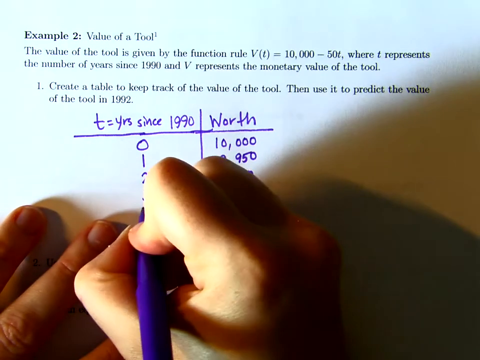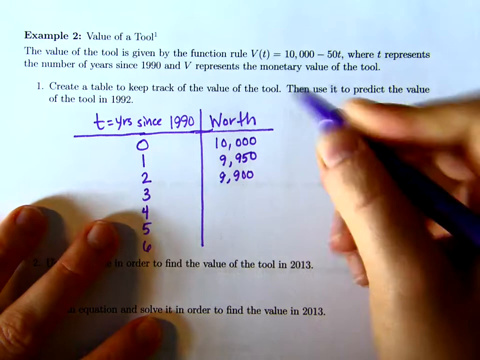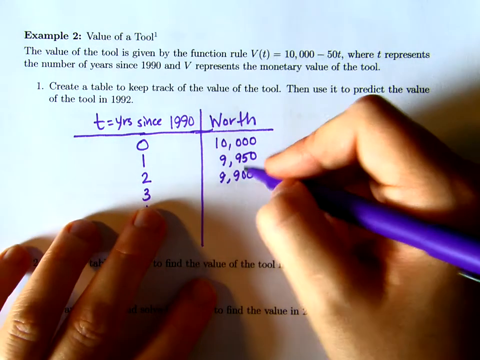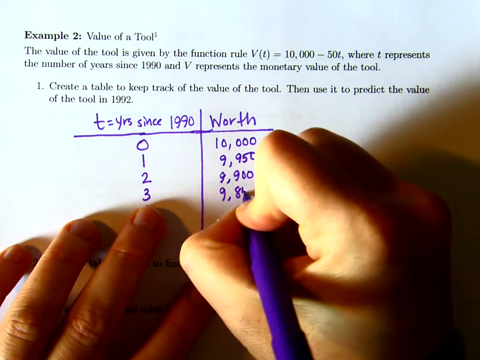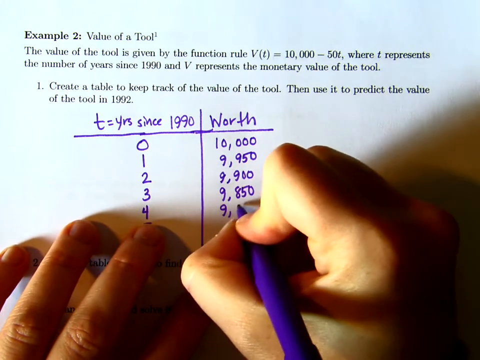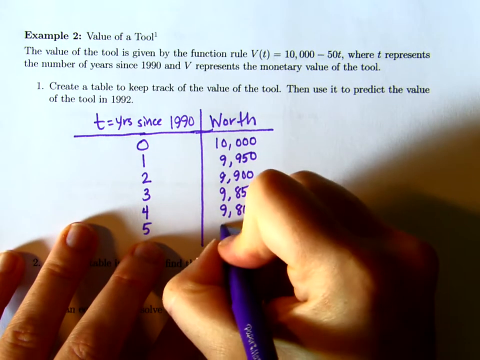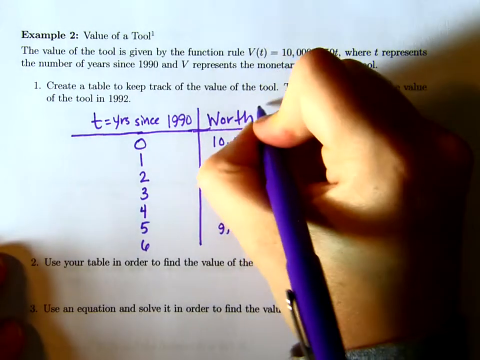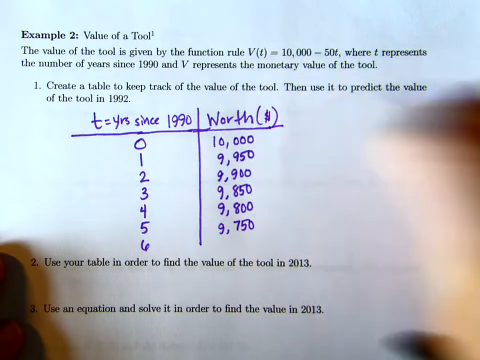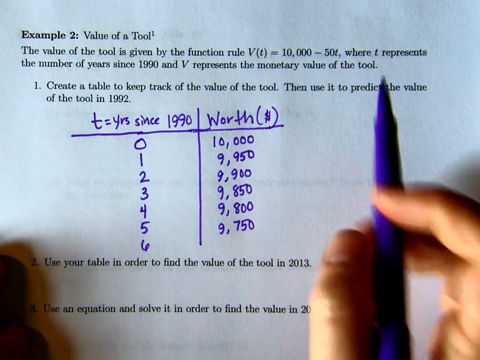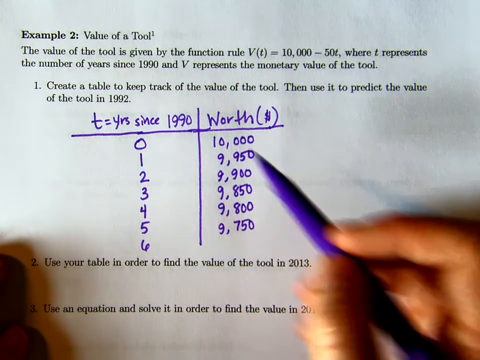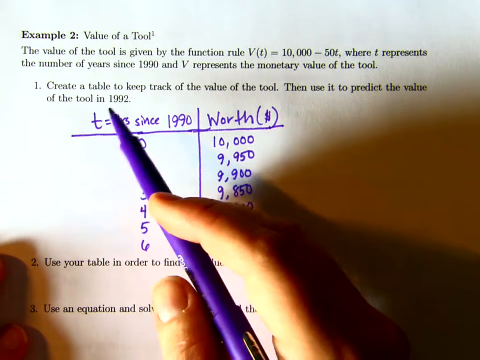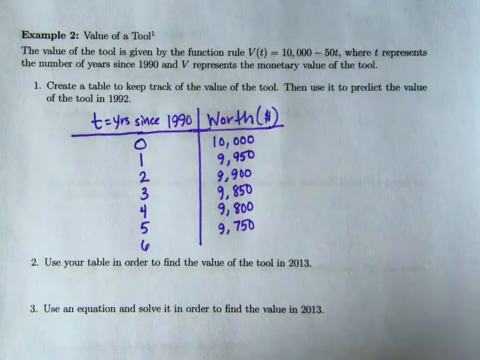I'm seeing the pattern already. So I'm going to quickly take away 50 every time. So 9,850, 9,800, 9,750 is the worth. Oh, we should probably put in dollars. It says use this table to predict the value of the tool in 1992.